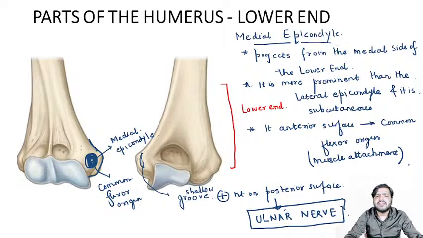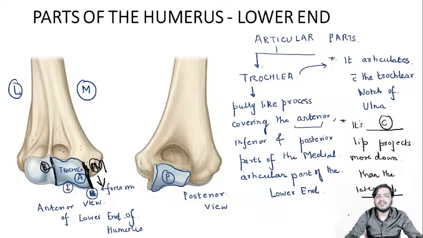Medial epicondyle, lateral epicondyle done. Two articulations done. Devnarayan, perfect beta. It is the ulnar nerve. Yes, perfect. It is the ulnar nerve.